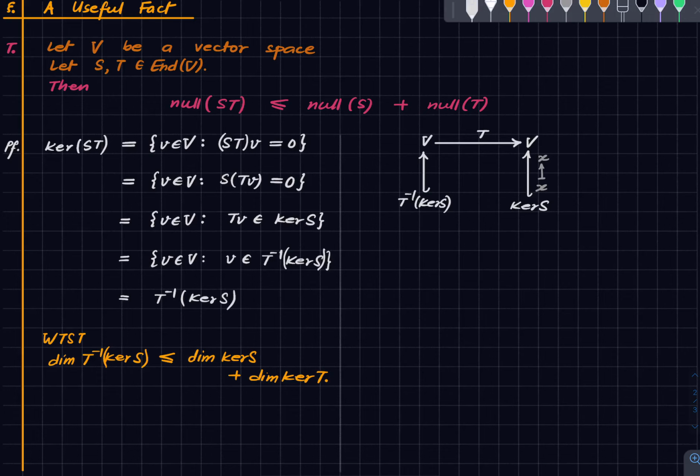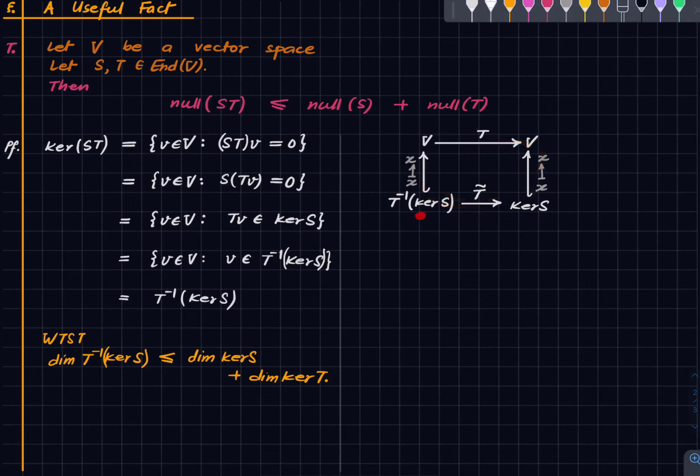And this map is nothing but the restriction of T to this subspace. Just so that there is no confusion, I'll write it as T tilde. T tilde takes V to T of V. That's what T tilde is. And it is clear that this diagram commutes.